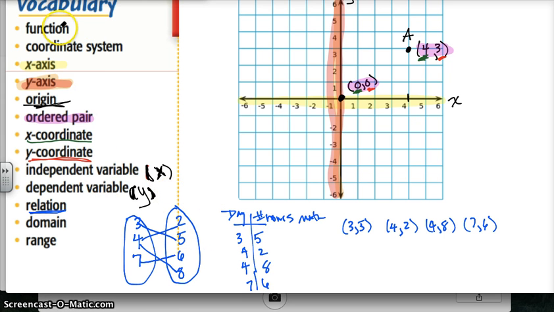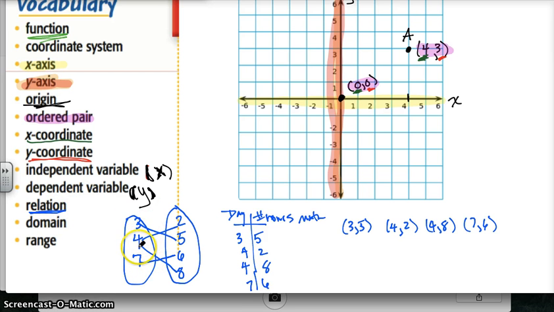So a relation is just an association of 2 numbers or 2 amounts, as we have here. Now, a function is a specific type of relation. This type of relation is such that each of these only goes to exactly one of these. So you see how 3 goes to only 5 and 7 goes to only 6? If those were the only 2 elements in my relation, I'd be cool.